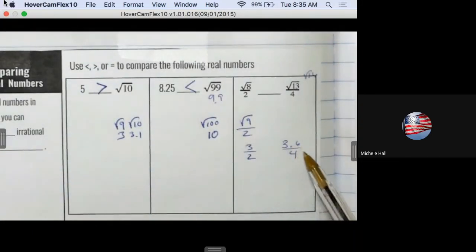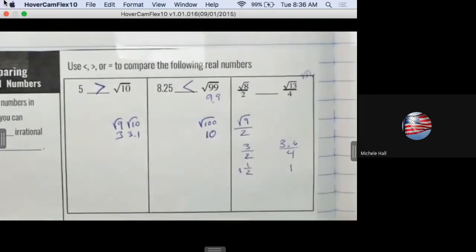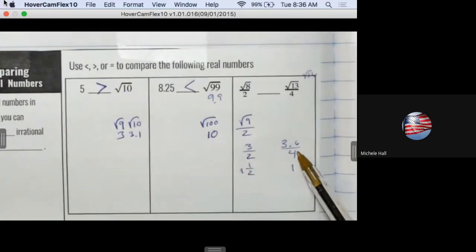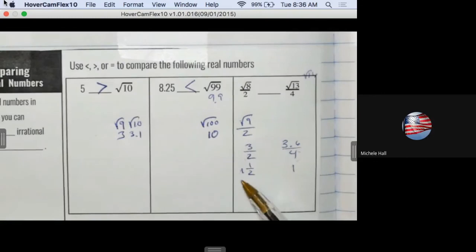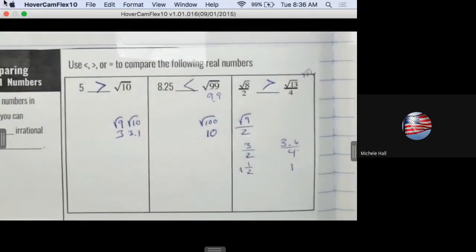Say it was 4. What's 4 over 4? 1. How much is this one? 1.5. So I didn't need to get real specific on this. I can see that this is more than 1. This is not quite 1. So I would say the one that is more than 1 is the greater one.